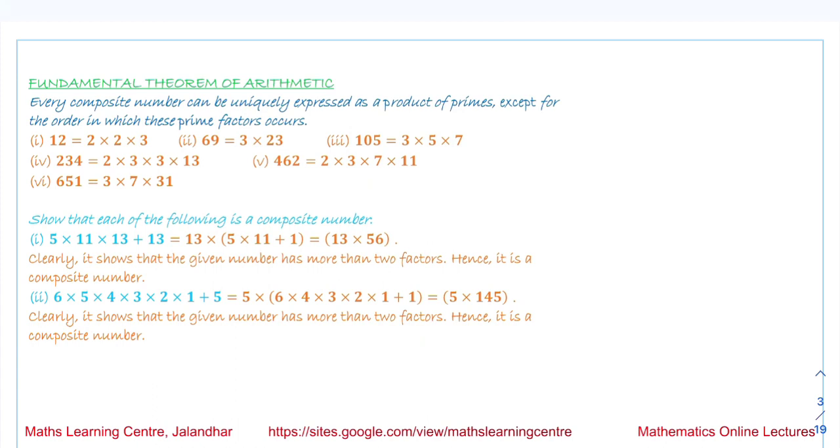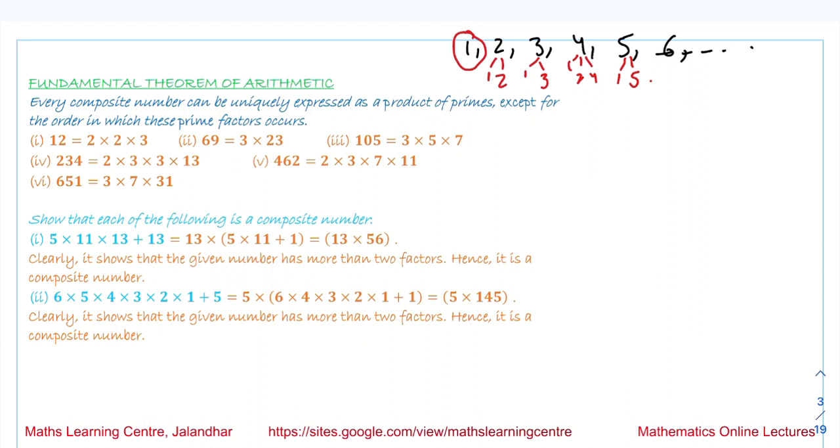If we are talking about the natural numbers 1, 2, 3, 4, 5 and so on, then 1 is neither prime nor composite. 2 has factors 1 and 2, 3 has factors 1 and 3, 4 has factors 1, 2, 4, 5 has factors 1 and 5.